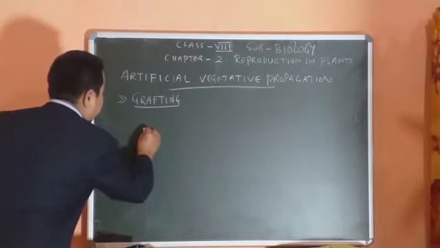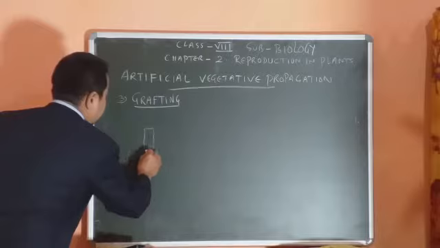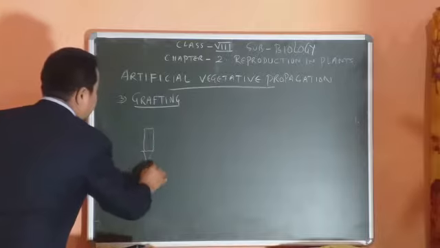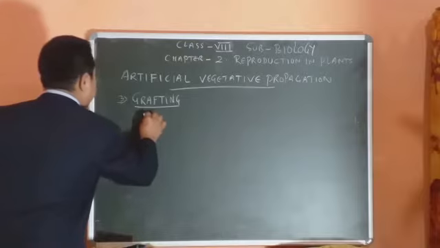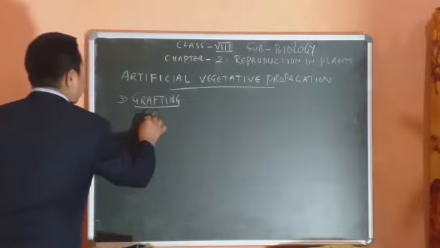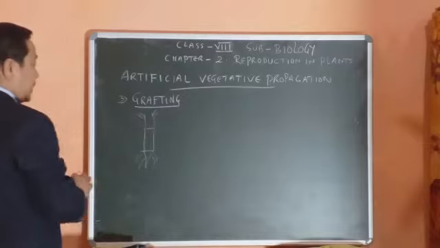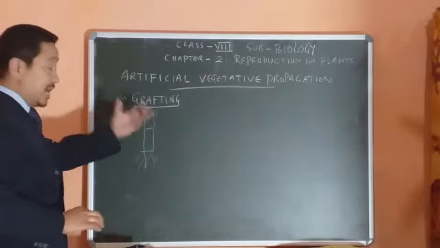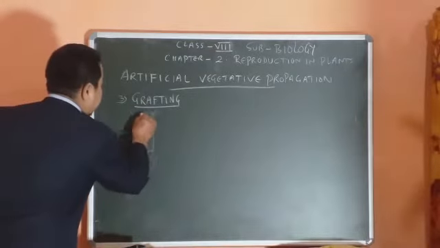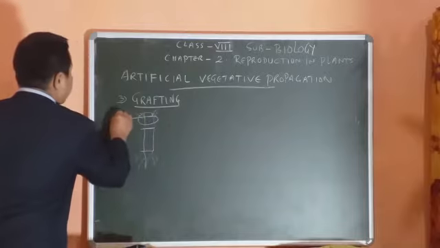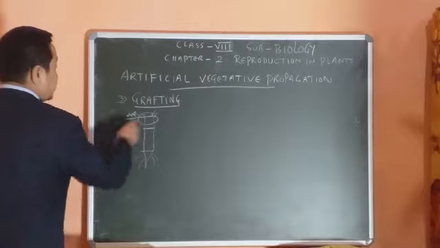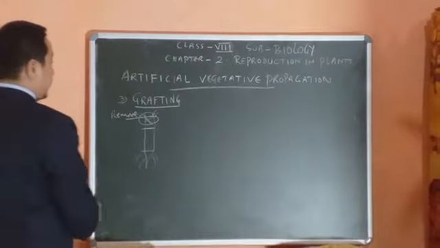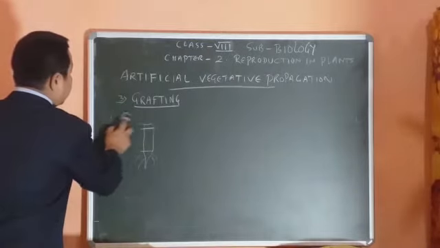This is a plant which is already fixed to the soil and growing there. One is selected, and for the grafting we can cut it here and remove this part.